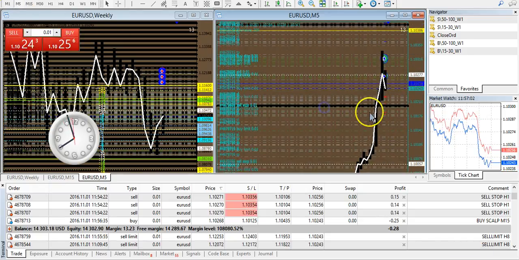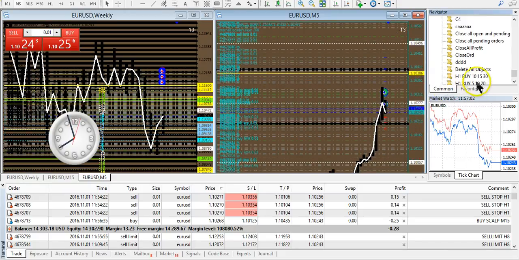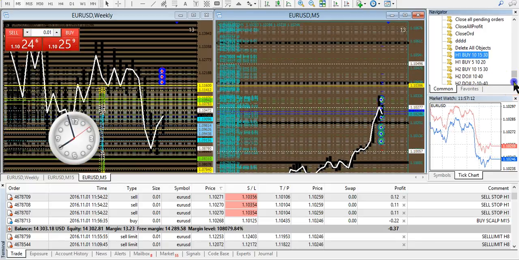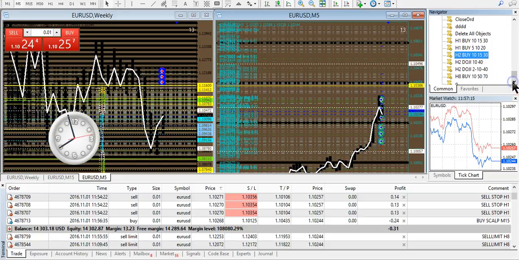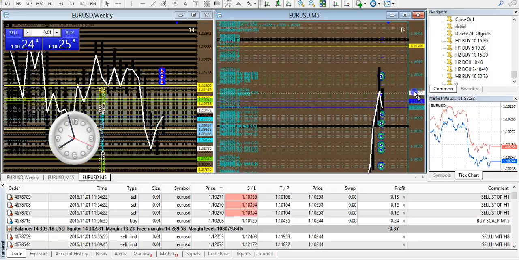So when it comes back, I've also got the buy limit sitting just below now. Here's the 5-minute buys for an hour. Here's a 2 hour, 10 pips deep. That's pretty risky. And here's 8 hours every 5 pips.